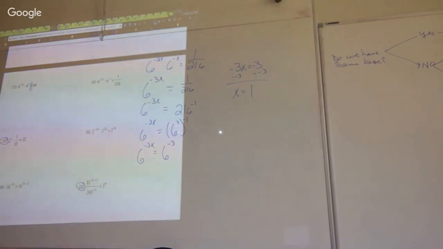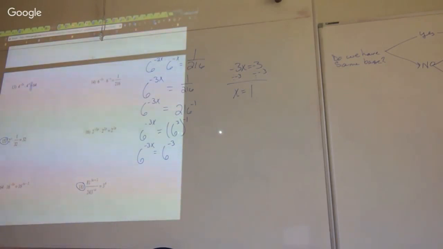But now, power to a power, what do we do? Multiply. So we got 2 to the x times 2 to the new power, which is -5, is equal to 2 to the 5th. Can we put these together now? Okay, so we put them together. What do I do with the exponents? Add. So it's x plus -5, or x minus 5, is equal to 2 to the 5th.